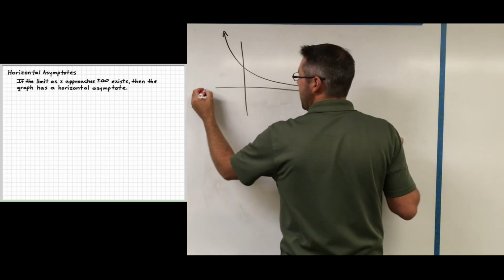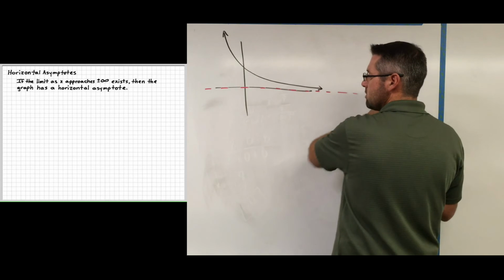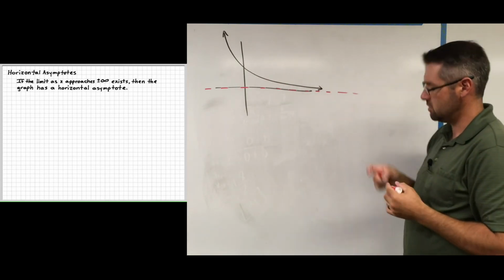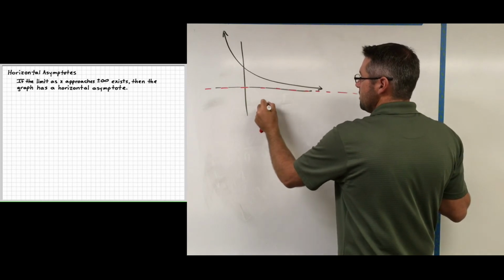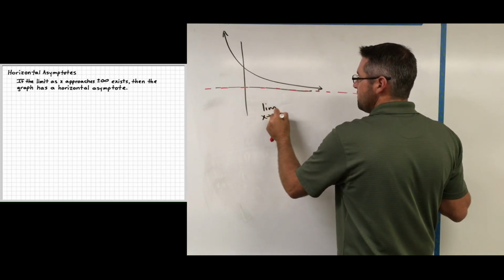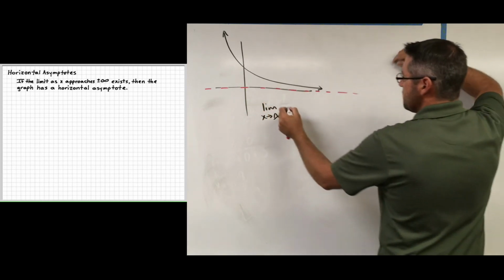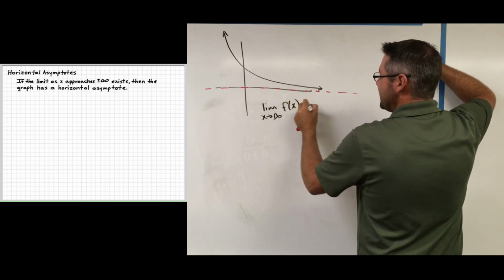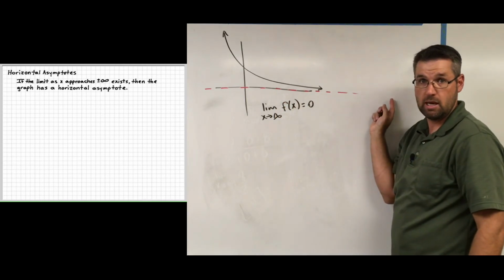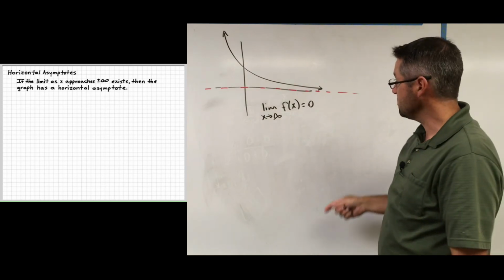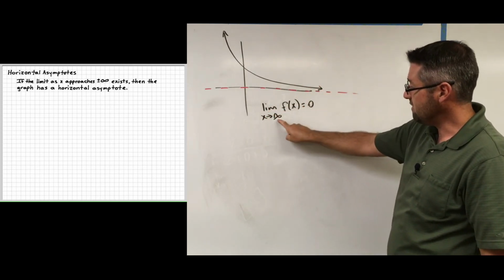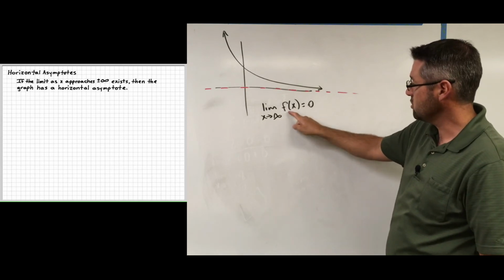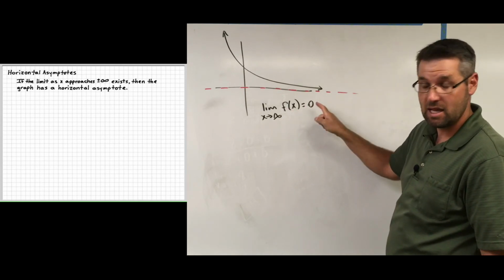We can see that we have a horizontal asymptote here, right? It looks like it's flattening out and it's going towards something. The reality is that the limit as x approaches infinity, as we get further and further out this way of the function, is 0. Okay? So that's the definition of a horizontal asymptote. That as x approaches infinity or negative infinity, the limit of a function approaches a specific number.